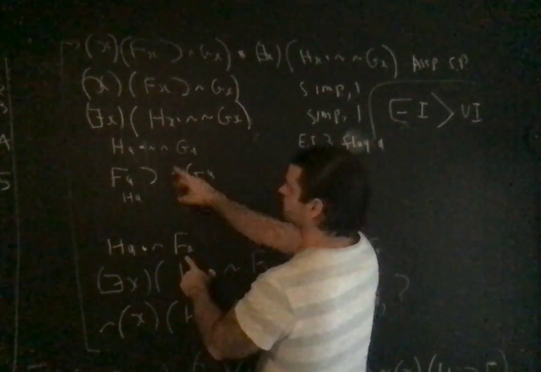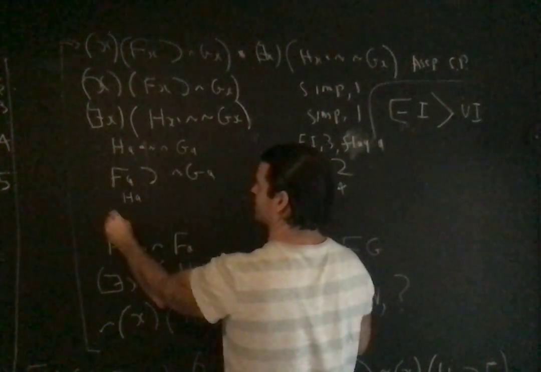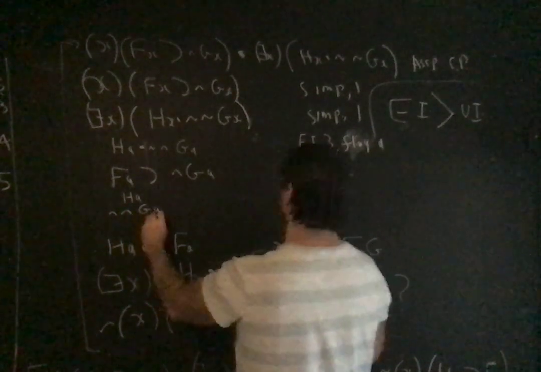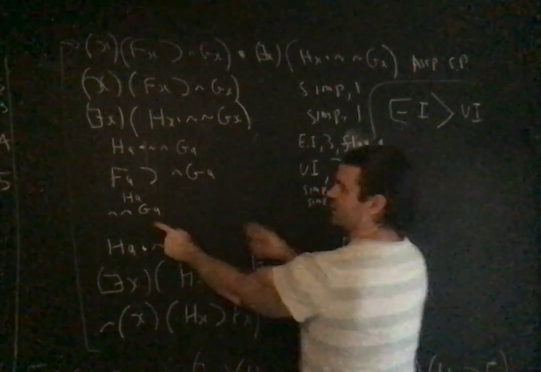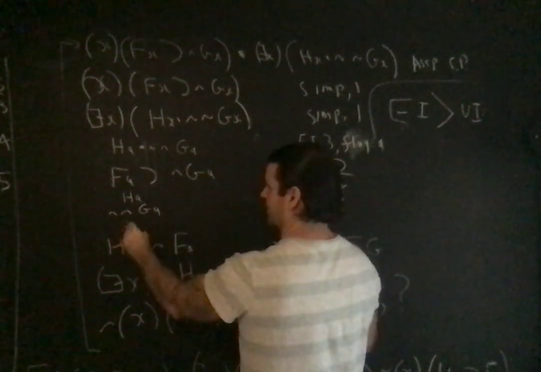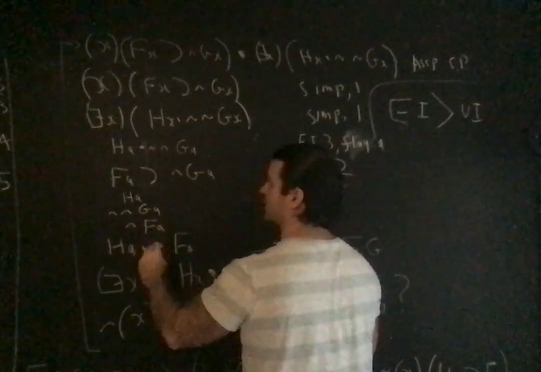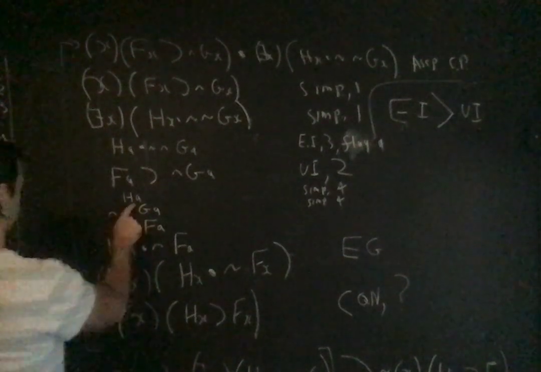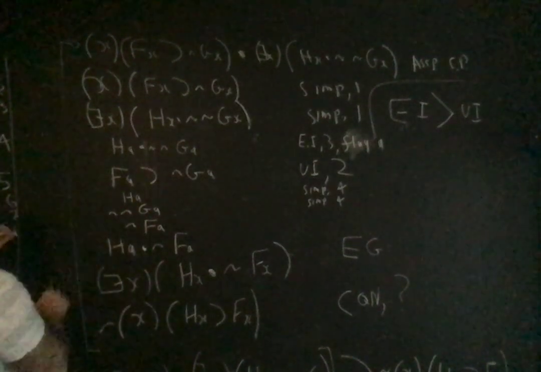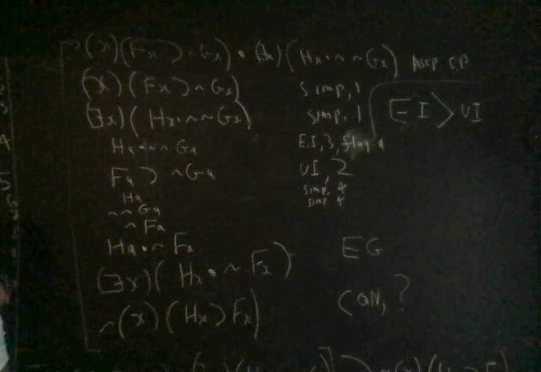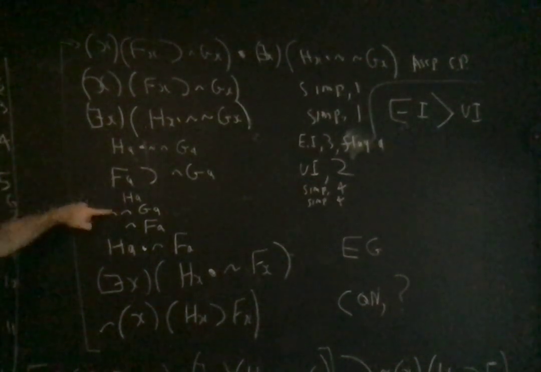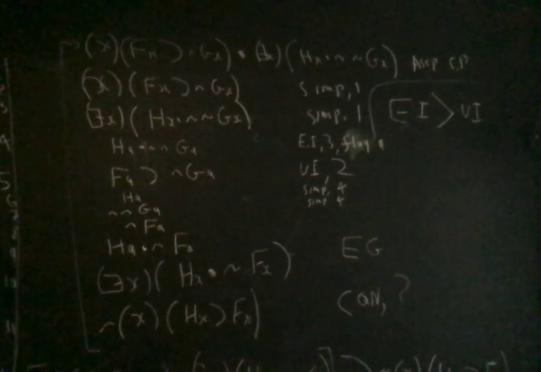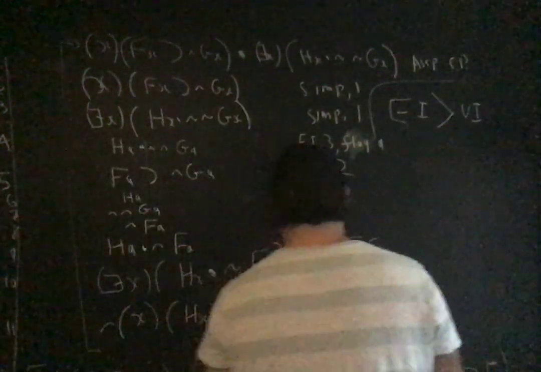I'm going to get it by simplifying to get not GA, simp 4, and I've got my modus tollens to not FA. 5, 6, 7, 8, 9, 10, 11, 12, I think.